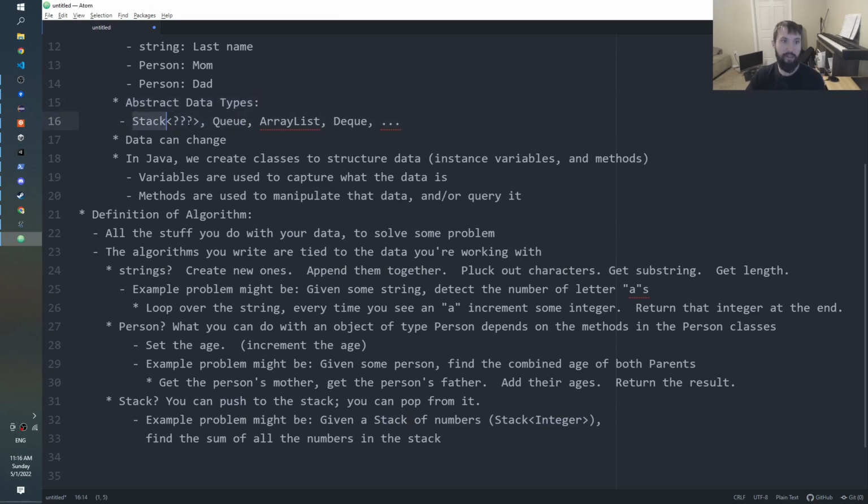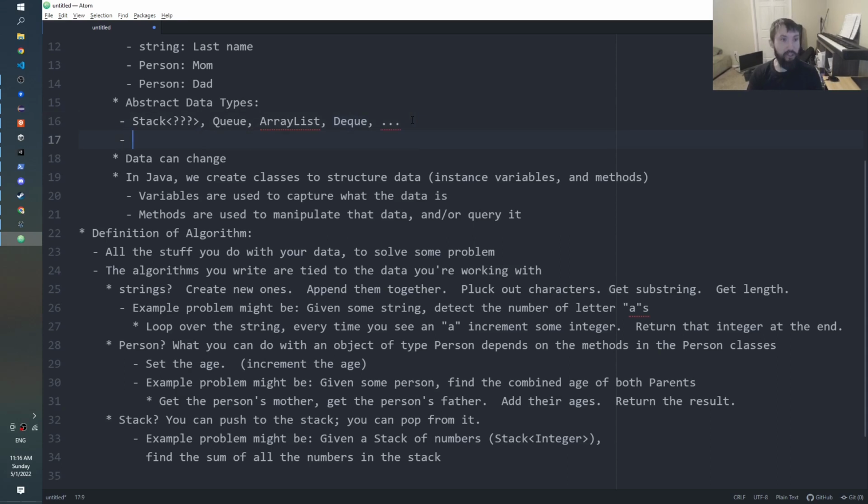So you're going to have a stack of something, a queue of something, an array list of something, a deck of something. It's always going to have something else that it is structuring. And yeah, it can get really complicated because there's nothing preventing you from having a stack of stacks. You can have a stack of stacks. There's nothing wrong with a stack of stacks. In fact, it can get arbitrarily complicated.